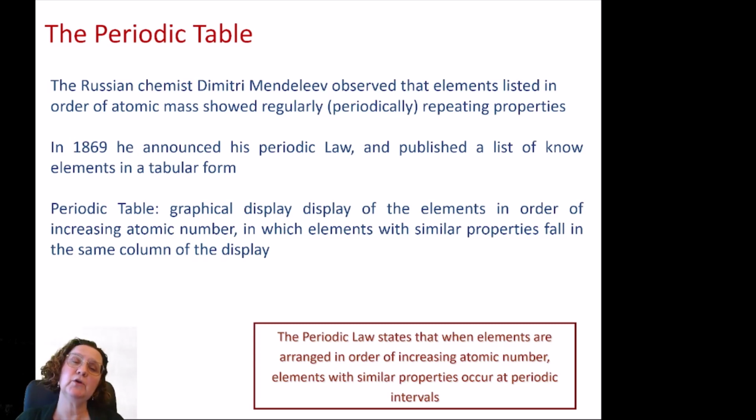So the periodic table is an attempt, the most successful attempt so far, to put all the information together in one place. How can we make sense of, well, at the moment we have 118 elements. In Mendeleev's time, they knew 40-something elements, maybe 60. How do we make sense of all those elements?